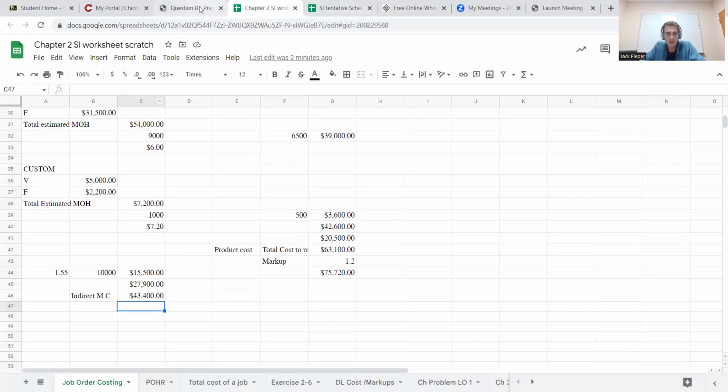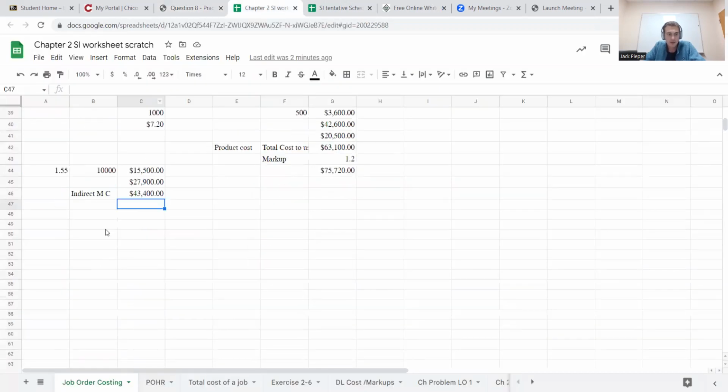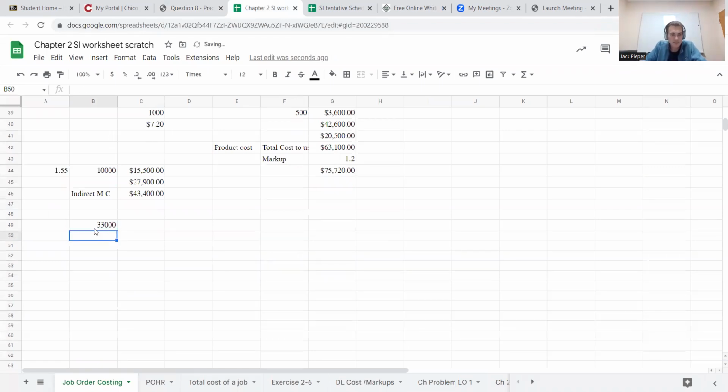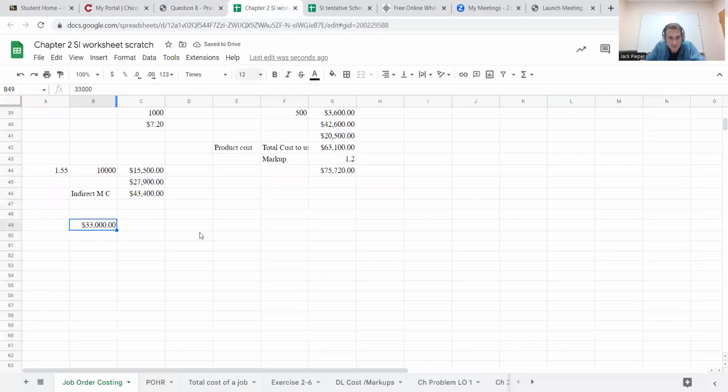So we are going to take our beginning finished goods inventory like we did for the schedule. So we'll do the 33,123. And then we will add our cost of goods manufactured of 170,000.